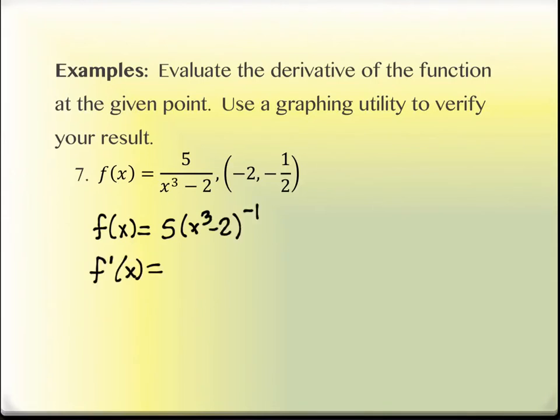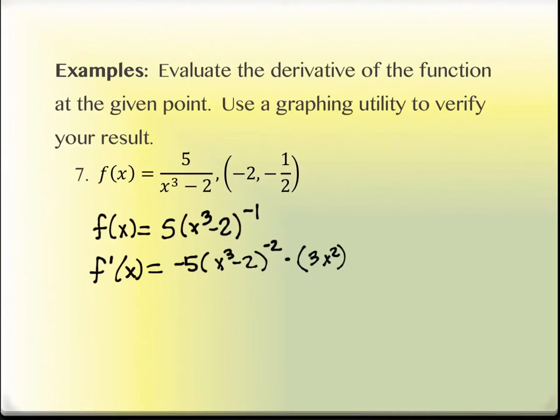So what will I get for my outside derivative? Negative 5 into the negative 2, right? The inside stays the same, so that's x cubed minus 2. And then I need it times the derivative of the inside. So what's the derivative of the inside? 3x squared.